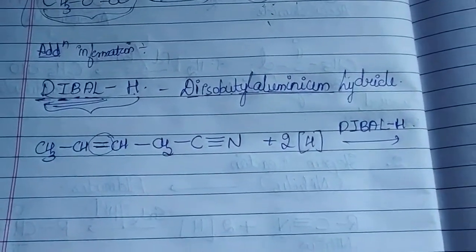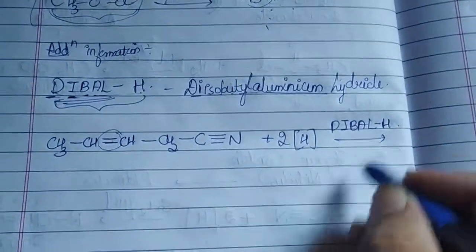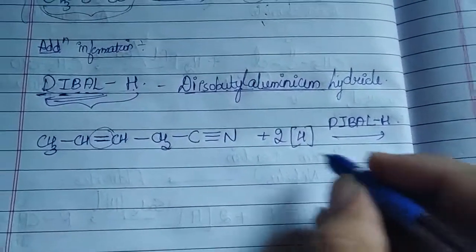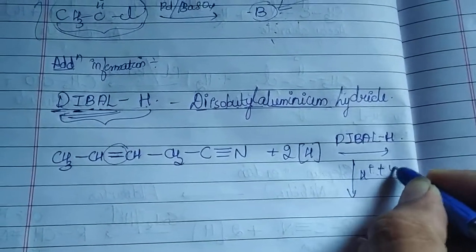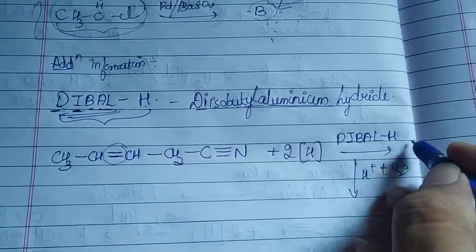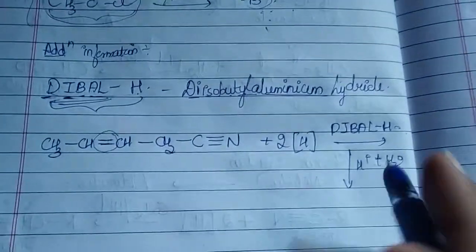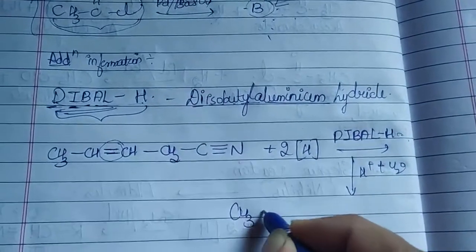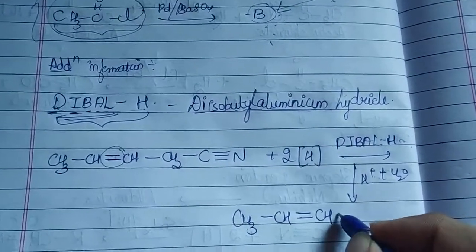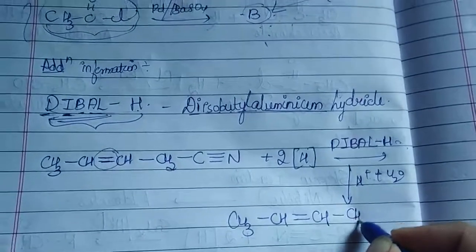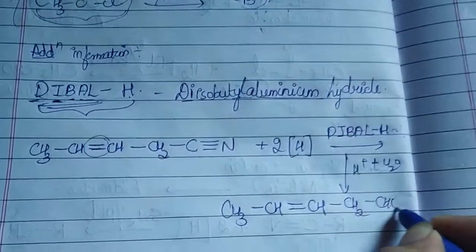So what is the type of product you are going to get? The ultimate product after acid hydrolysis. First the imine is formed, and when I do acid hydrolysis of that imine, you just see CH3-CH=CH-CH2-CHO plus NH3.